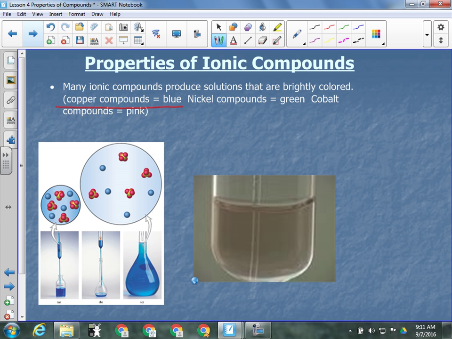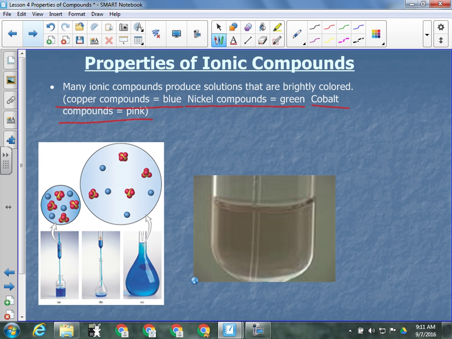Copper compounds generally have blue salts and thus blue solutions. Nickel compounds are green salts that produce green solutions. And cobalt compounds are reddish salts that produce reddish pink solutions.